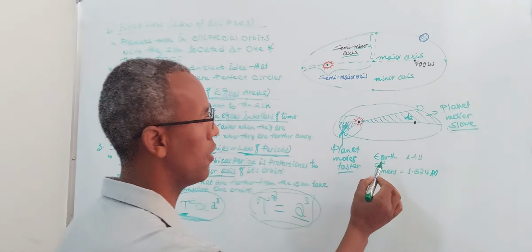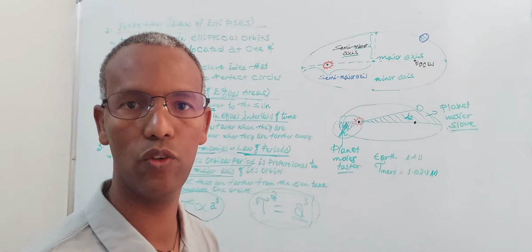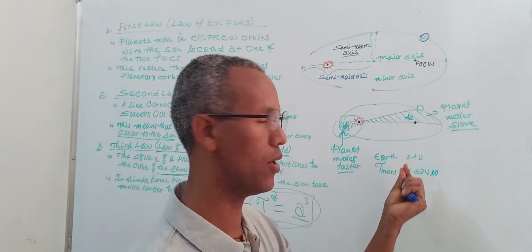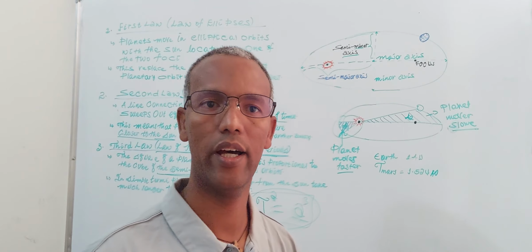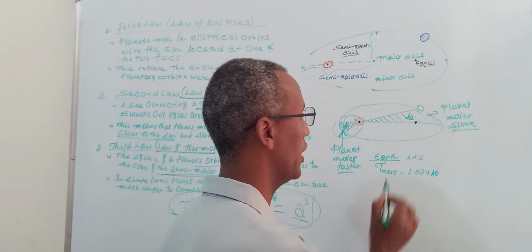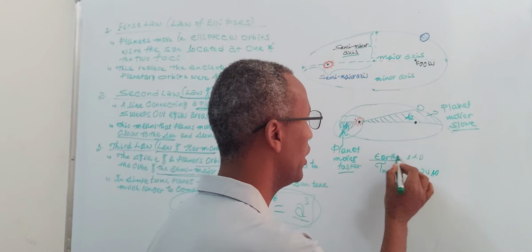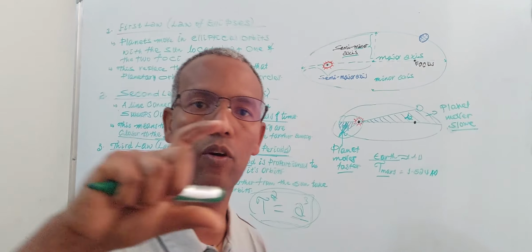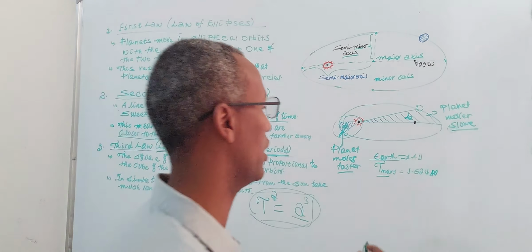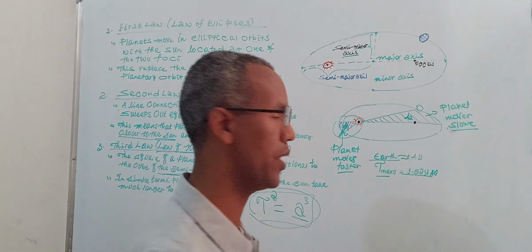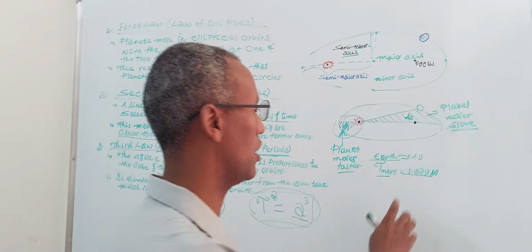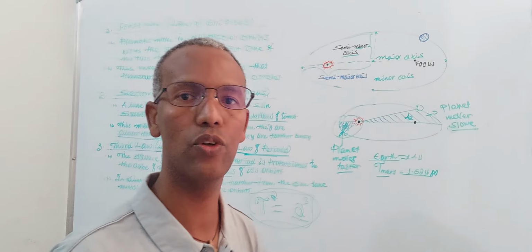I'm not sure if you are familiar with this, but the astronomical unit of Earth is equal to 1, and Mars is a bit farther from the sun, with an astronomical unit of 1.25.